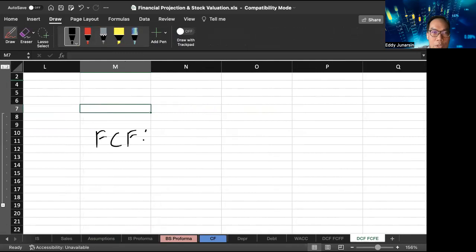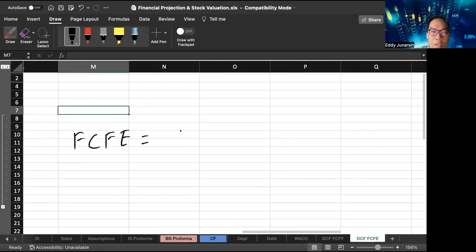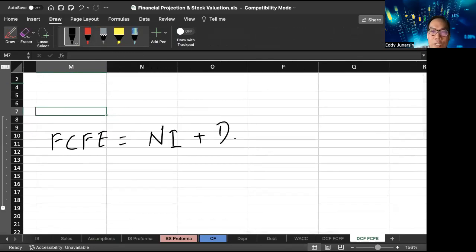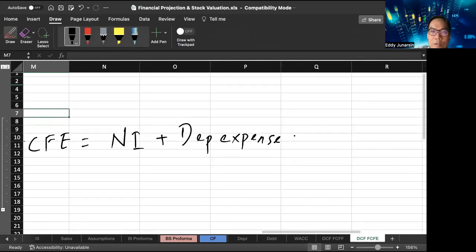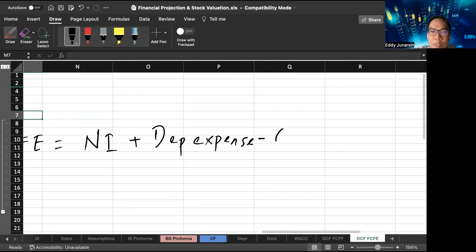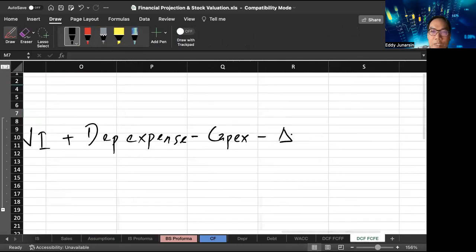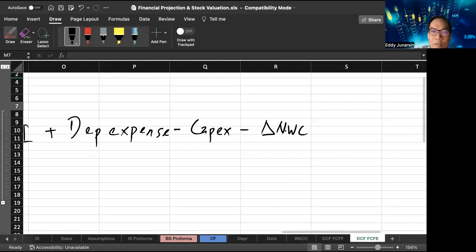So free cash flow to equity holders is net income plus depreciation expense, minus capex, minus the change in net working capital.